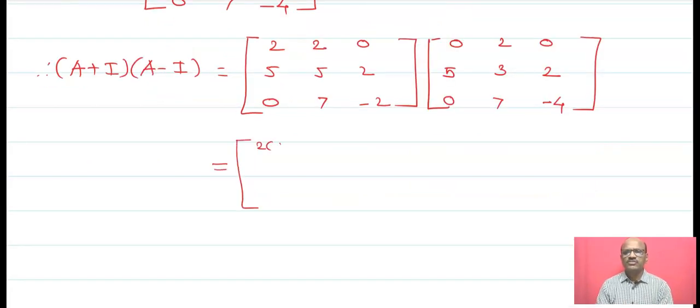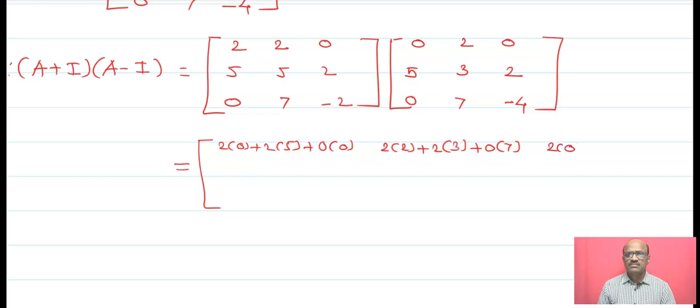First row, first column. Now see this. First row, second column. Now this is the big multiplication. Then second row, first column. Second row is the row of the first matrix, and for the column we take the column of the second matrix.